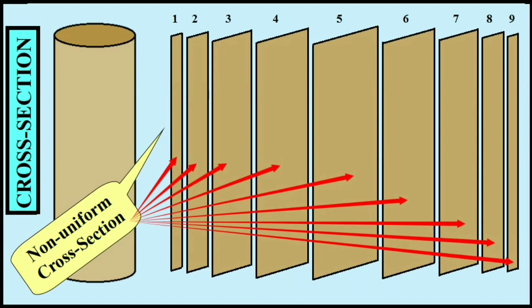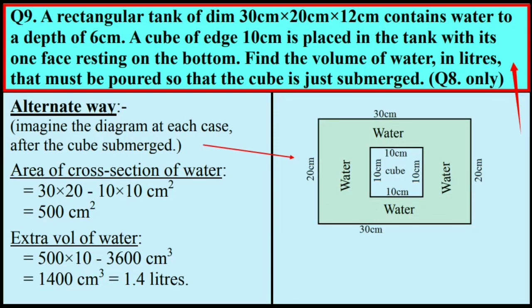Now let's take some more questions on solid figures, and while solving the question we look for uniform cross section so that we use that area directly in the calculation of volume and surface area of the solid. Let's take question number 9.